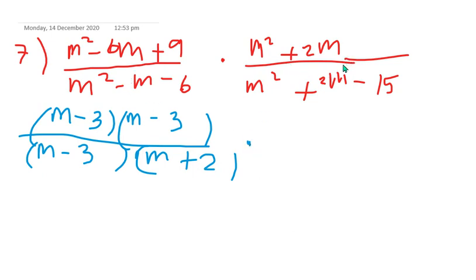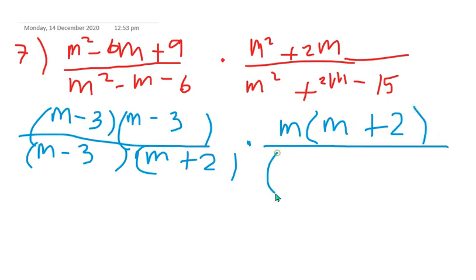So here, since this is not a trinomial, we can use a common factor. The common factor is m. Then divide. M squared divided by m is equal to m, plus 2m divided by m is equal to 2, over. Then here we're going to use trinomial factoring. So this is 2m, this is m.